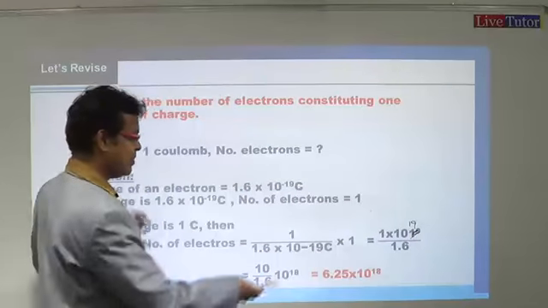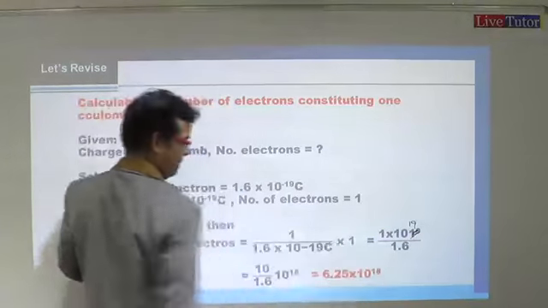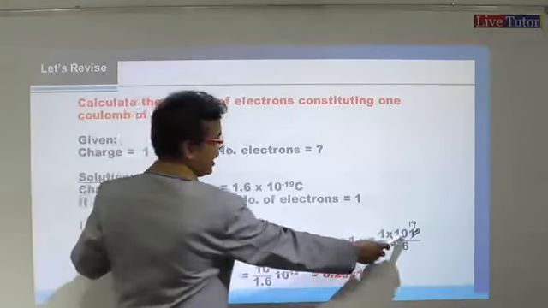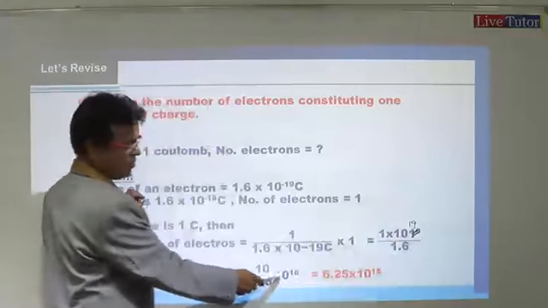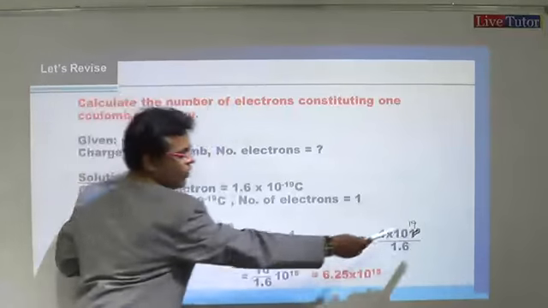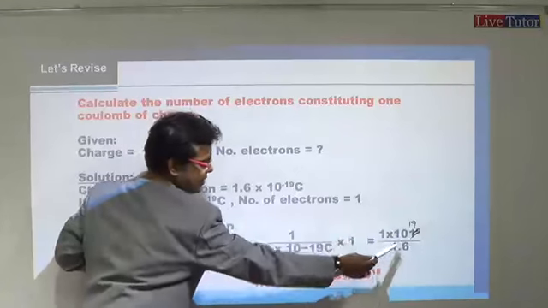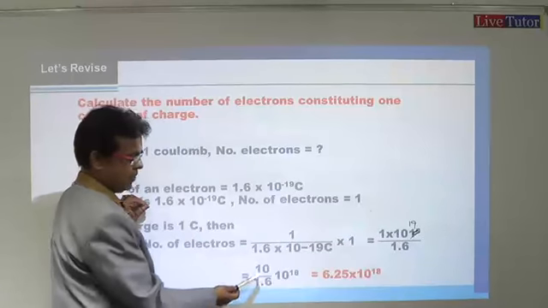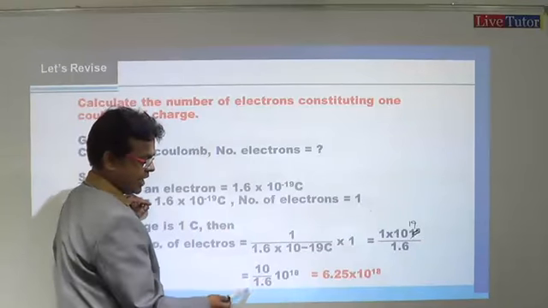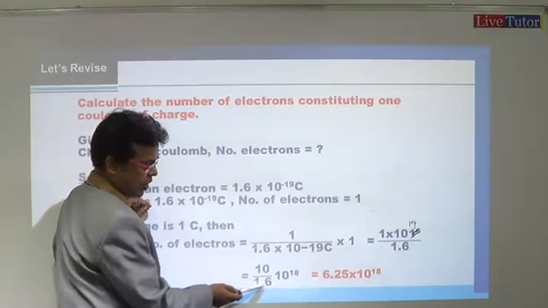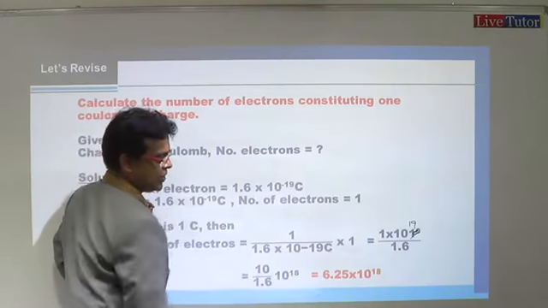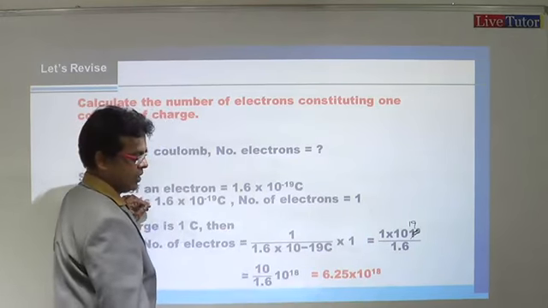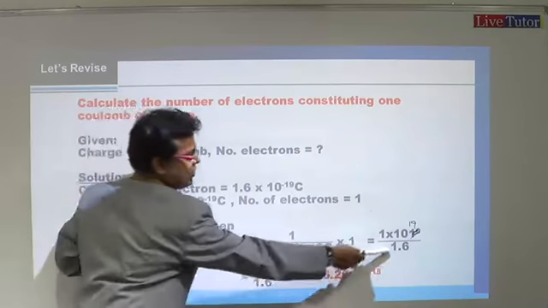Okay, so this can be simplified easily like this. Instead of 1 into 10 power 19, I can write this as 10 into 10 power 18. So I can take 1 zero from this so that I can easily divide that. Or you can take one more zero also, easy. Anyway, you can divide like this. Since it is 10 by 1.6, you can calculate as 6.25.